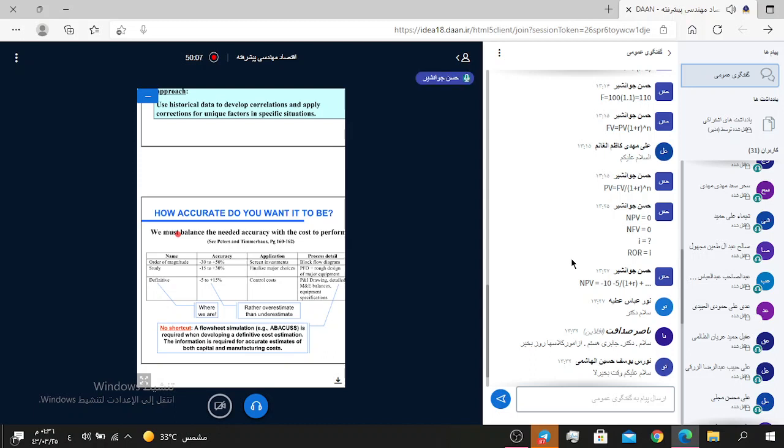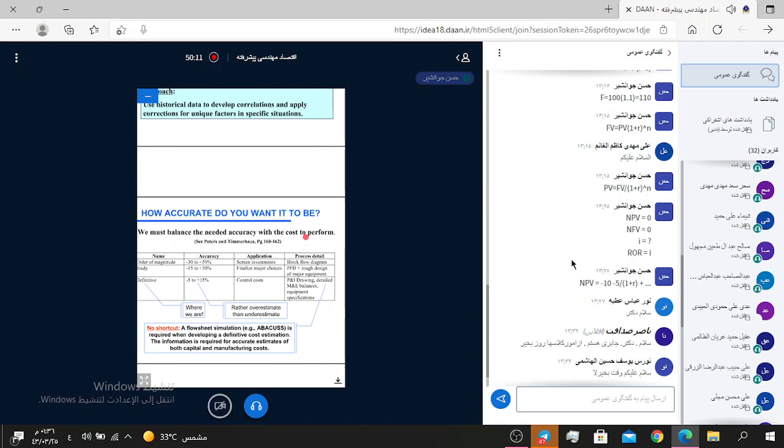How accurate do you want it to be? Must balance the needed accuracy with the ease of performing it.